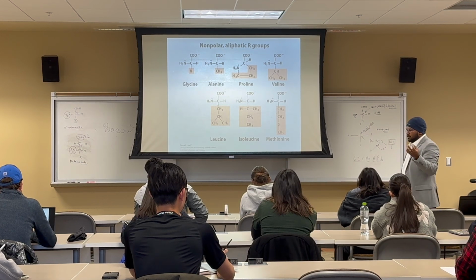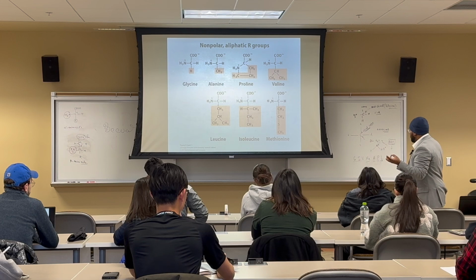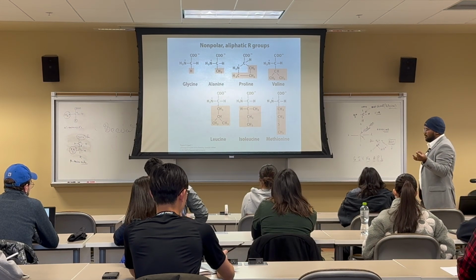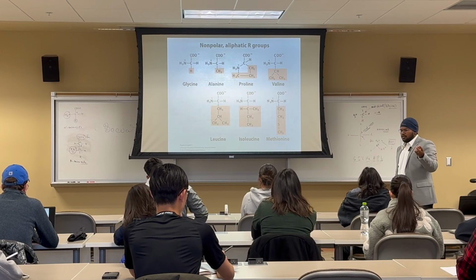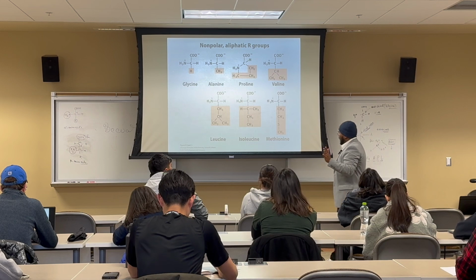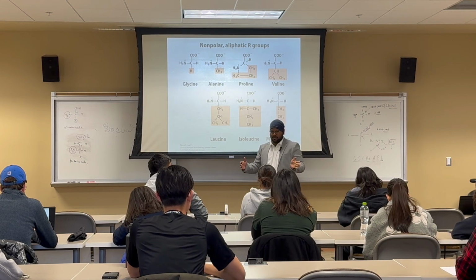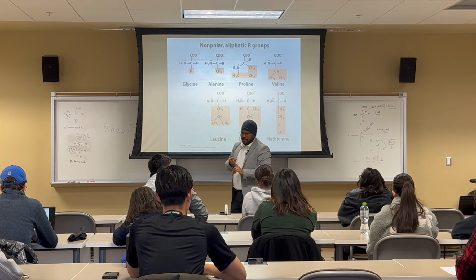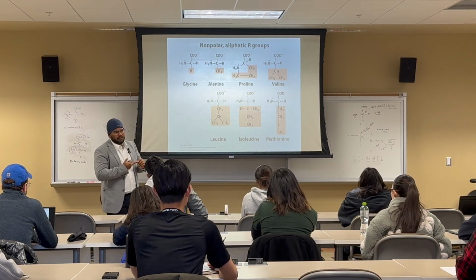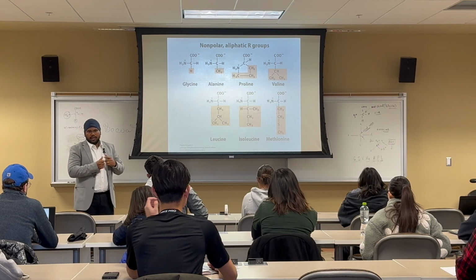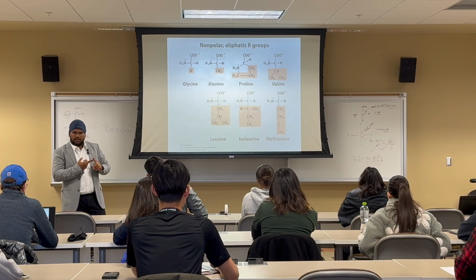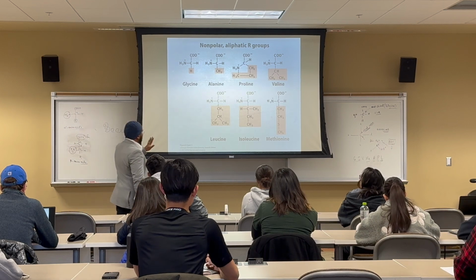G for, I for, V for, M for, A for, P for, and L for. Okay, I think we are at least remembering the names. Now we have to remember the structures.